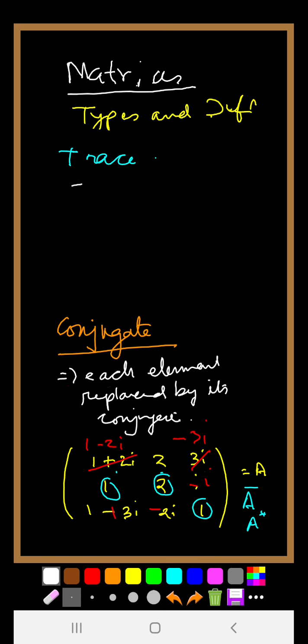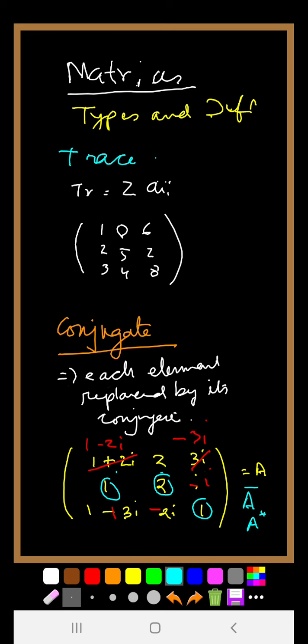So it's represented as Tr(A) equal to summation of a_ii. Say it is a matrix 1, 2, 3, 0, 5, 4, 6, 2, and 8. Then the diagonal elements are 1, 5, and 8. So you just need to add them. 1 plus 5 is 6, plus 8, so the trace is 14. This is the trace.